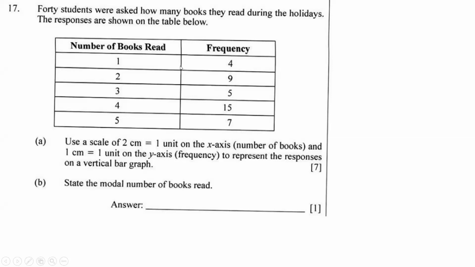All right, read the table. Number of books read: 1, 2, 3, 4, 5. Frequency: 4, 9, 5, 15, 7. Very good. And read A as well.